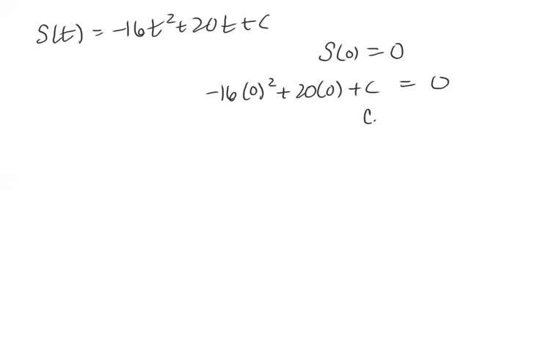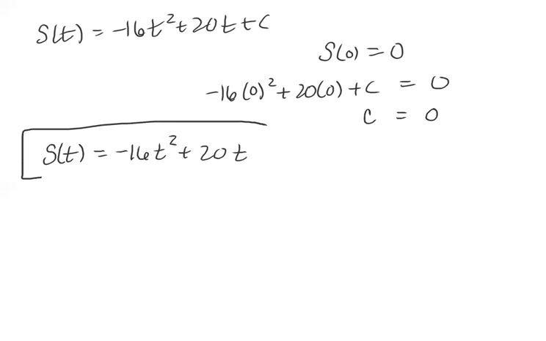So I've left c on the left-hand side and 0 on the right-hand side. So it turns out here that my arbitrary constant is actually 0. That means that s of t is equal to negative 16t squared plus 20t. I have a position function.